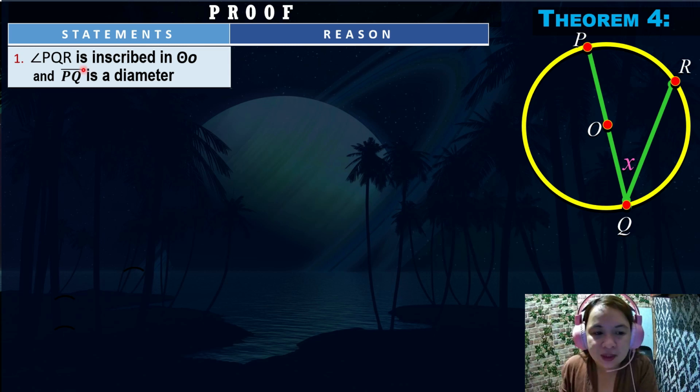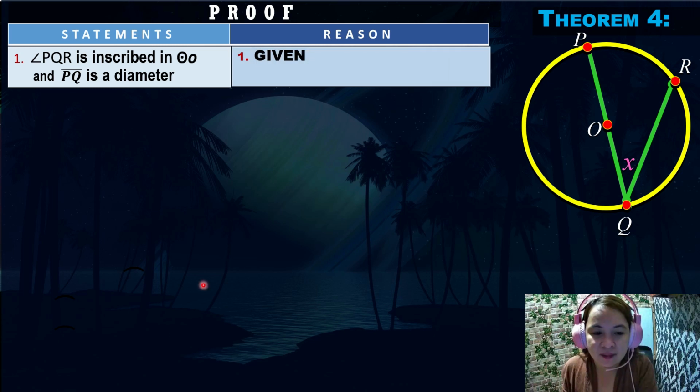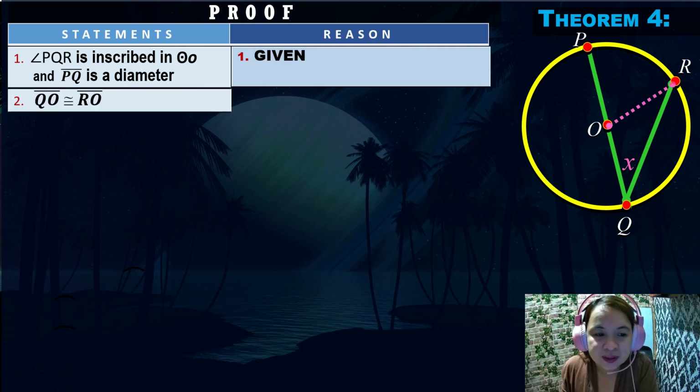Our problem is angle PQR is inscribed in circle O, and chord PQ is a diameter. The reason for that is given. Next, segment QO. Where is segment QO? So this is QO, and segment RO, they are congruent.